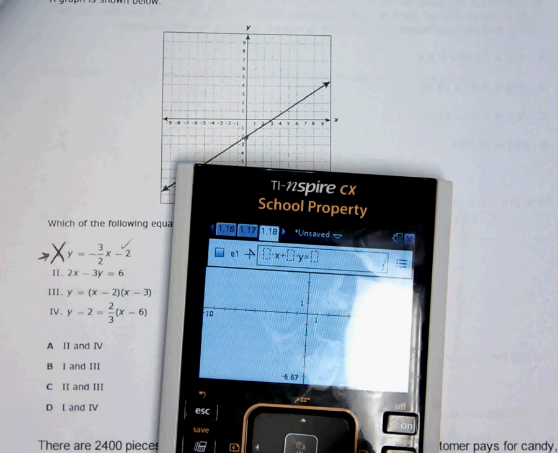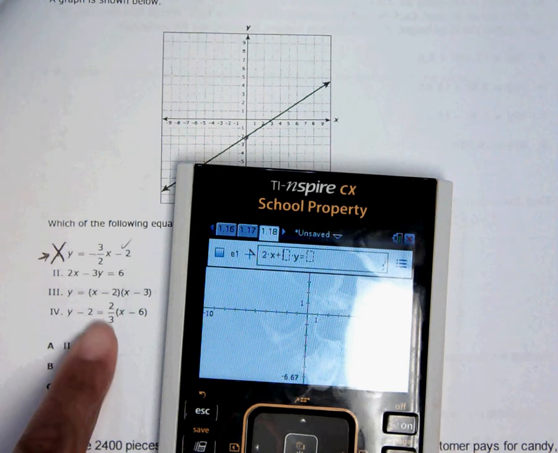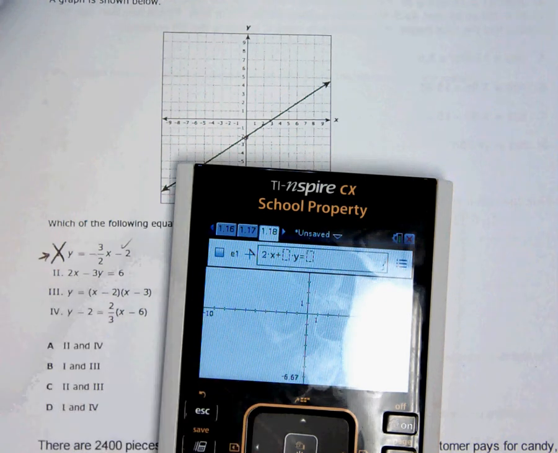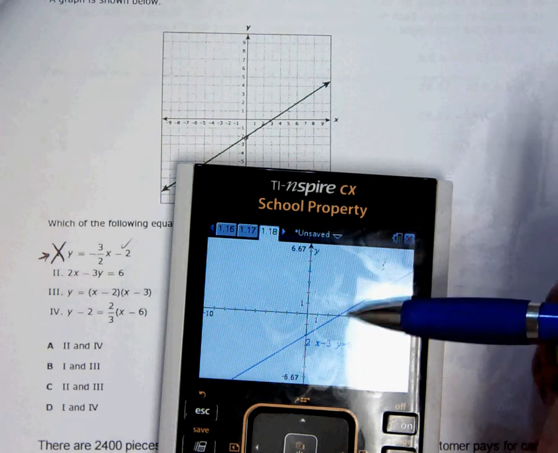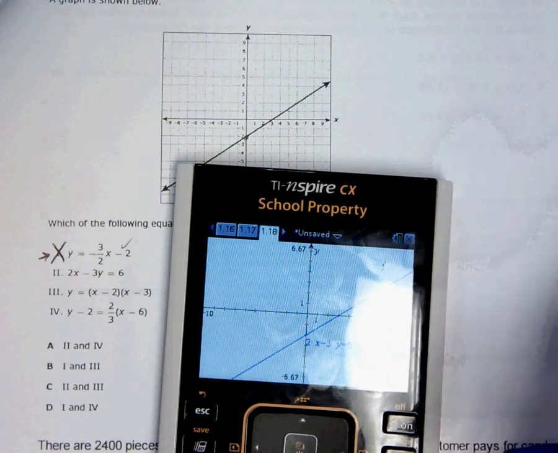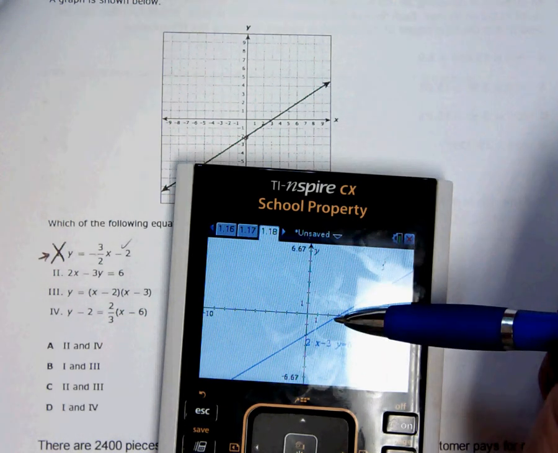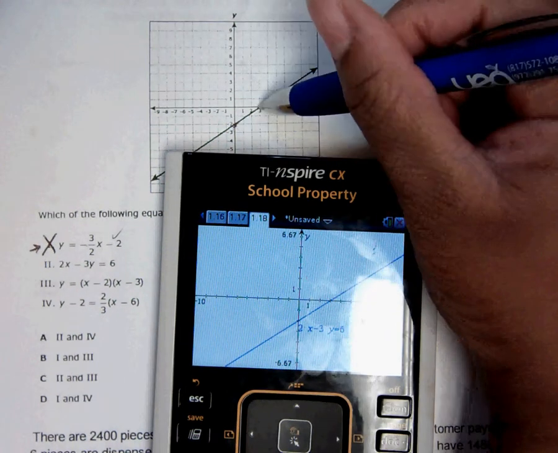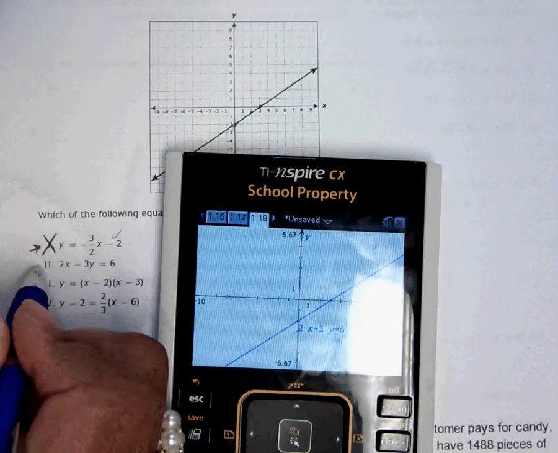Again, it's called menu 3213. Just enter in 2. I have to enter in -3 and then 6. Press enter. And it goes through -2 and it goes through +3. -2, +3. It looks like 2 is a winner.